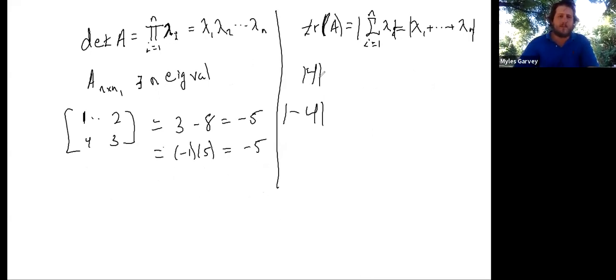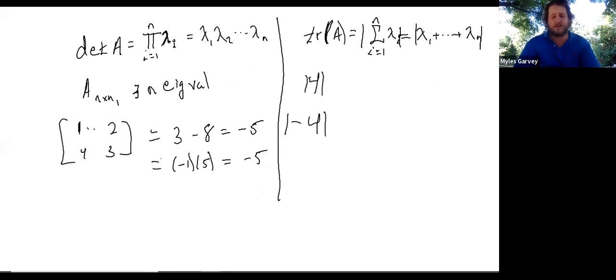Anyway, that's the trace of the matrix. With this stated, as we can see, the eigenvalues have some very interesting properties, which allow us to very quickly compute certain elements, and what we'll see later as well.